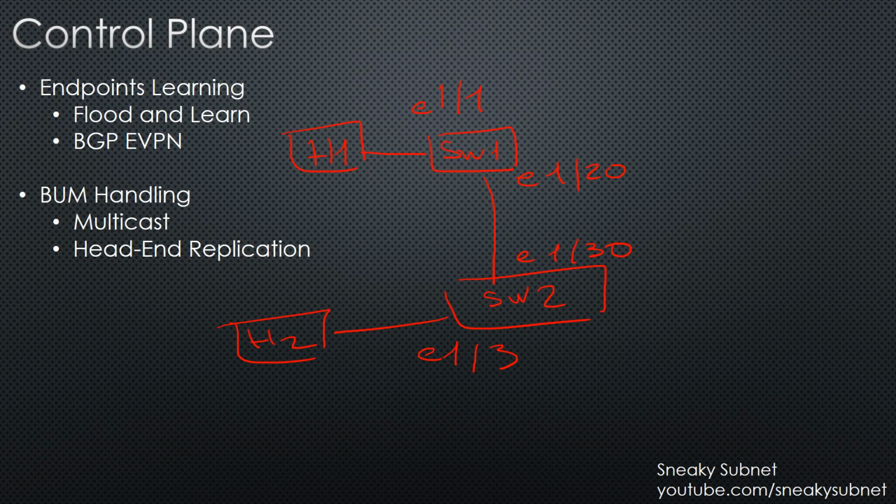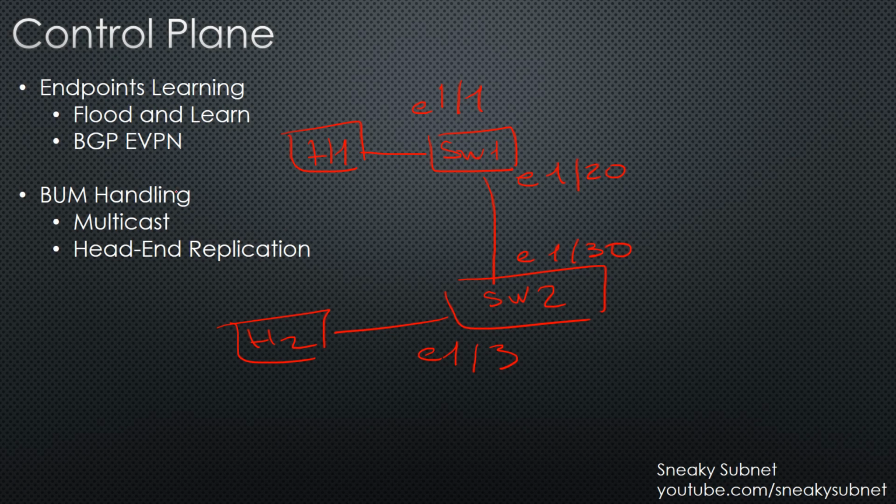Now I'm going to talk about how switch number 1 and switch number 2 are going to build their CAM tables. Of course, it depends on the state of your network. Are we talking about initial endpoint learning, or about a situation when our network is somewhere in the middle, when endpoints are already known?